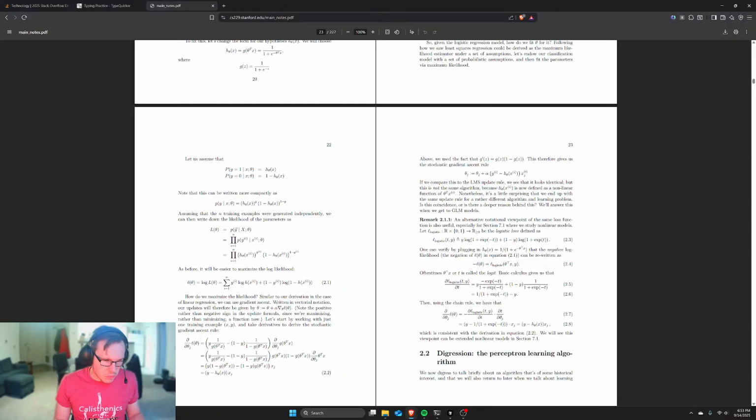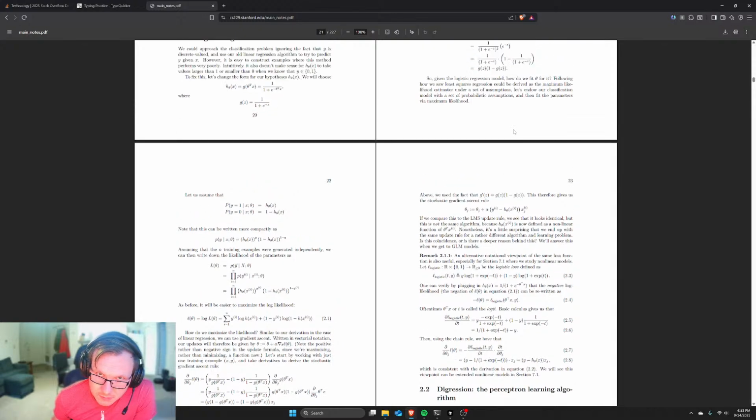Okay. So what's the sample space here? So the sample space is we have y i, is that what it is here?